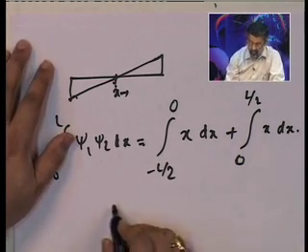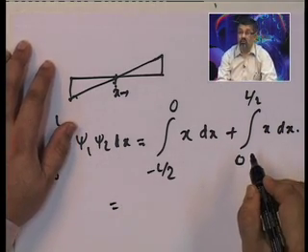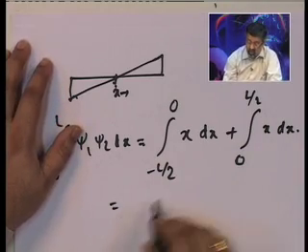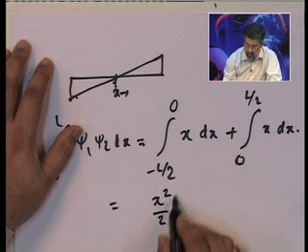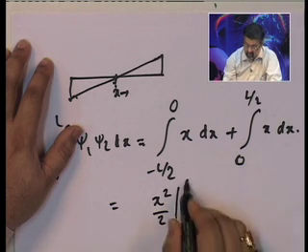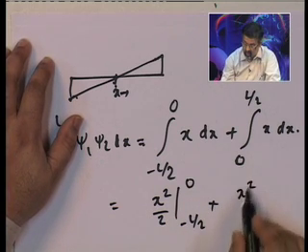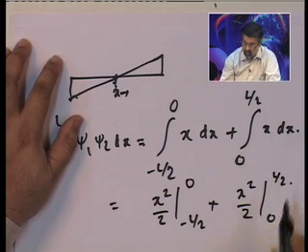So, if I look at this, this is where the problem of trying to double becomes the actual problem. If you really look at it, this becomes x squared by 2 from minus L by 2 to 0 plus x squared by 2 from 0 to L by 2.